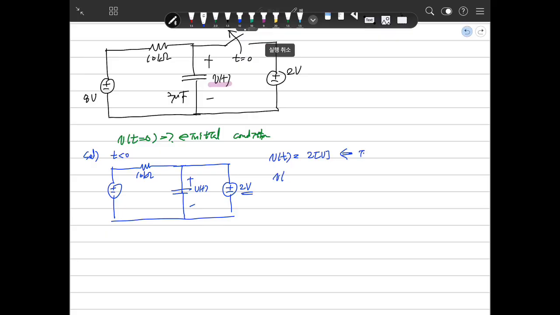So from here we get V0 minus is 2. This is the initial condition.